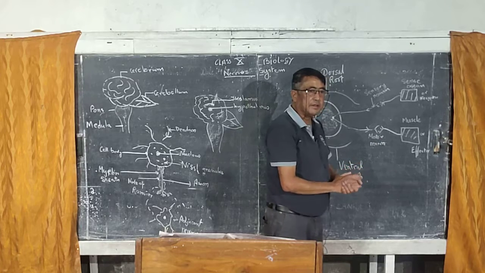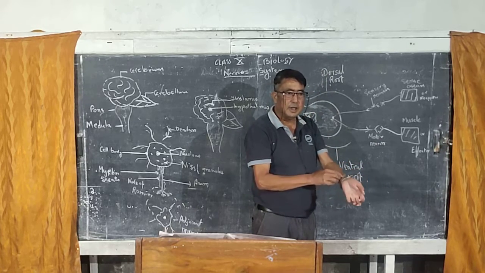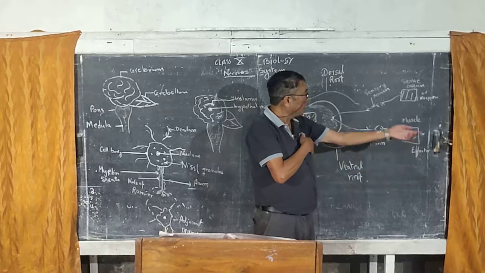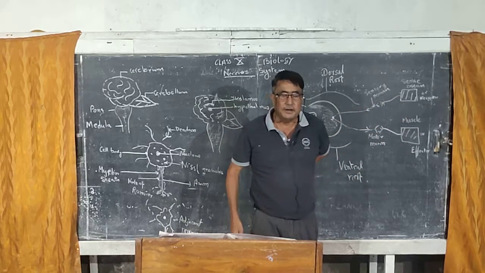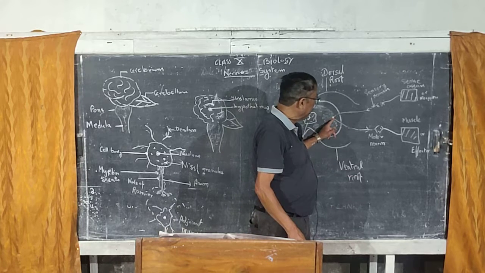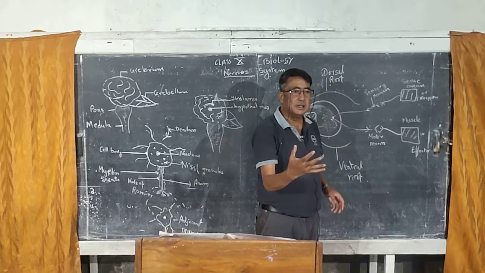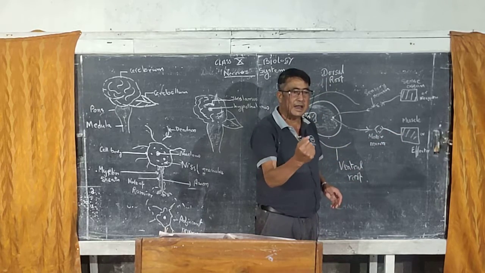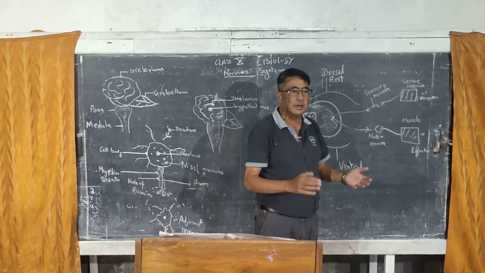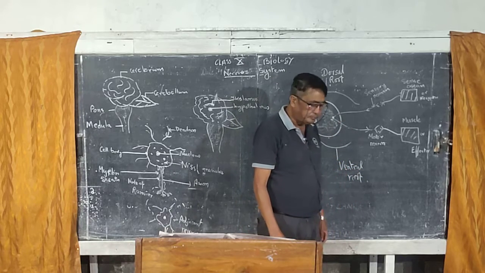action takes place. For example, if I pinch, the stimulation is passed through the sensory neuron to the central nervous system, interpretation takes place, and this sends the impulse to the muscles. The muscles will contract and make the movement, like when you touch a hot object, you remove your hand.